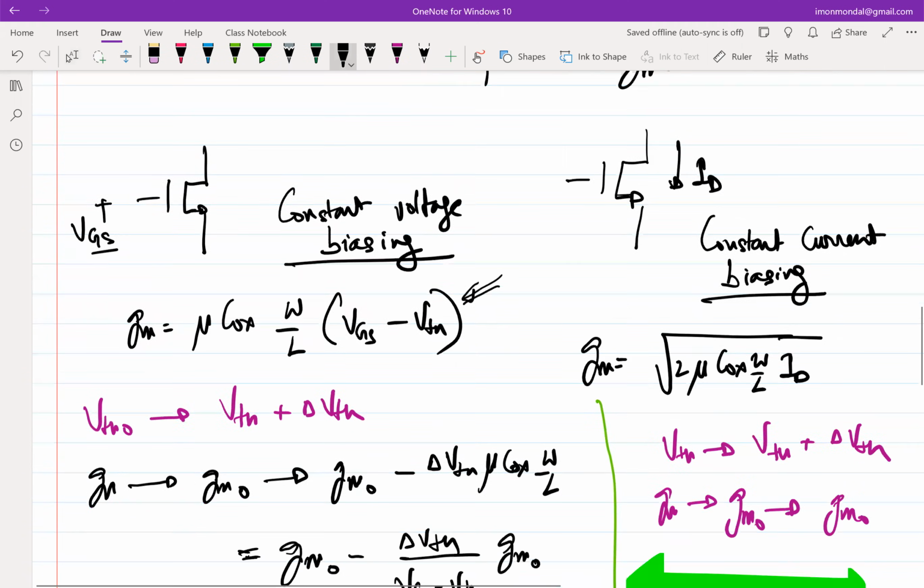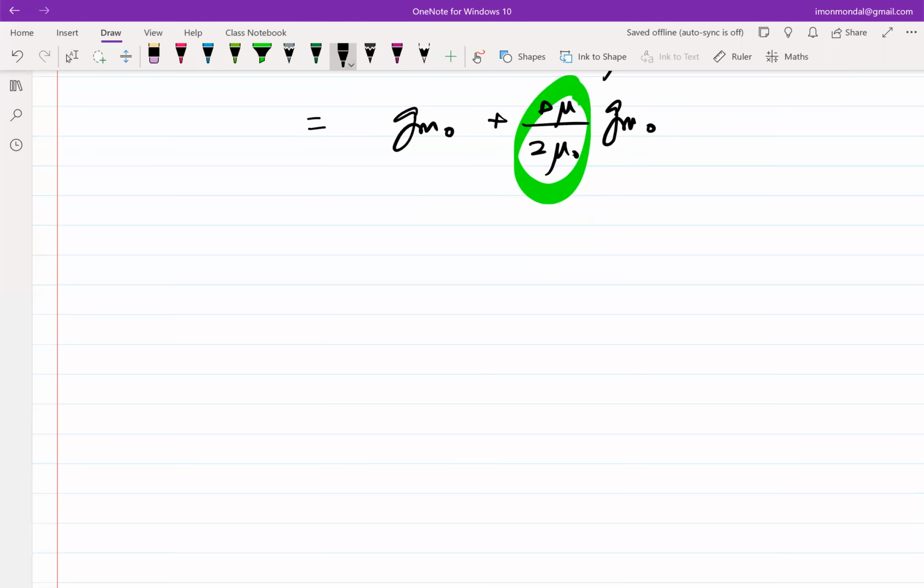Okay, fine. So now that we are convinced that biasing with a constant current source is a better way to go about things, let me take you back to one of the things that we discussed in the previous lecture: how do you bias with a constant current source?